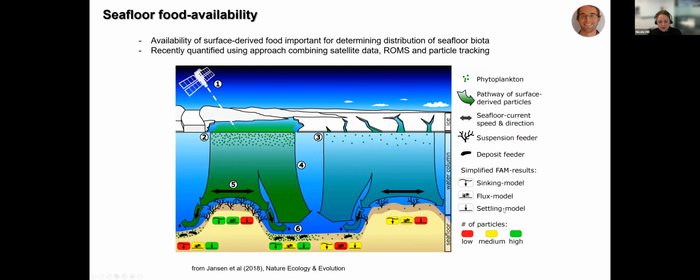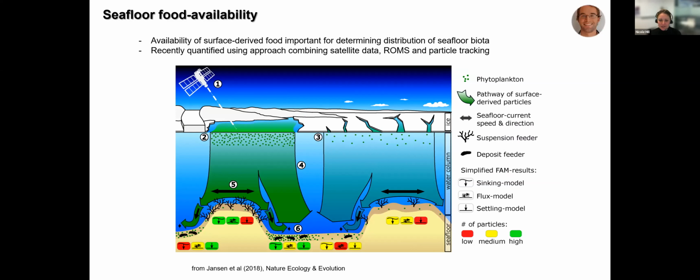The second component that we were looking at in this project is developing quantitative metrics of food availability at the seafloor. Because we're using models that require environmental data, it really helps to have environmental data that you think is directly determining the distribution of species.